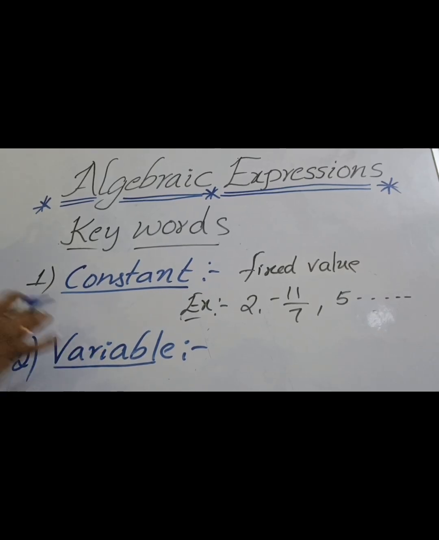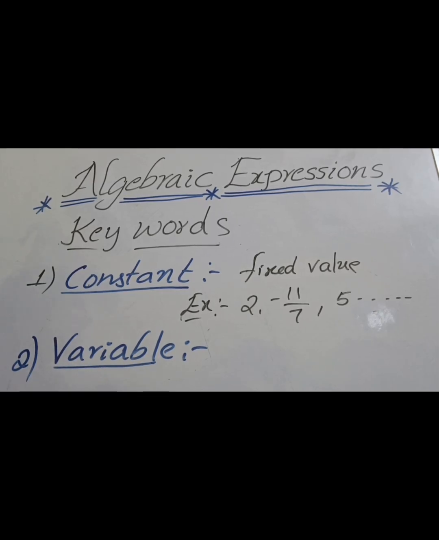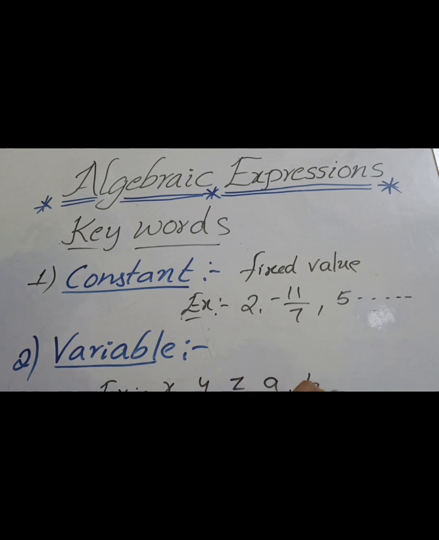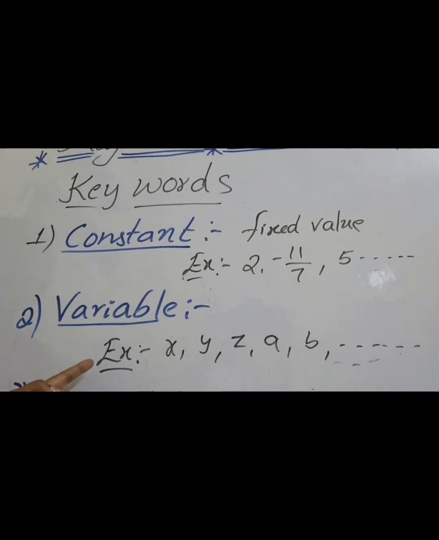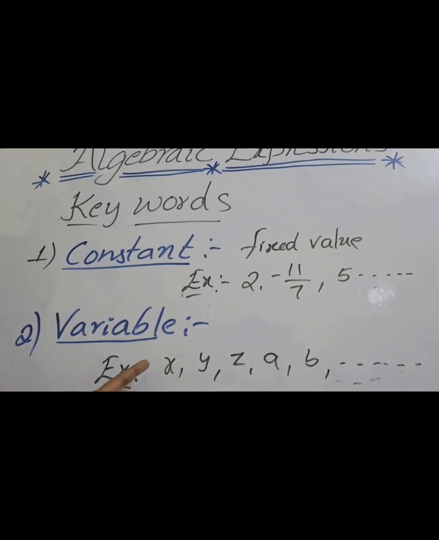Next, what is a variable? Variables are nothing but symbols that don't have any fixed value. In our English alphabet, you have an idea, right? x, y, z, a, b, and so on. Any letter you can take. So these are nothing but variables. They don't have any fixed value.